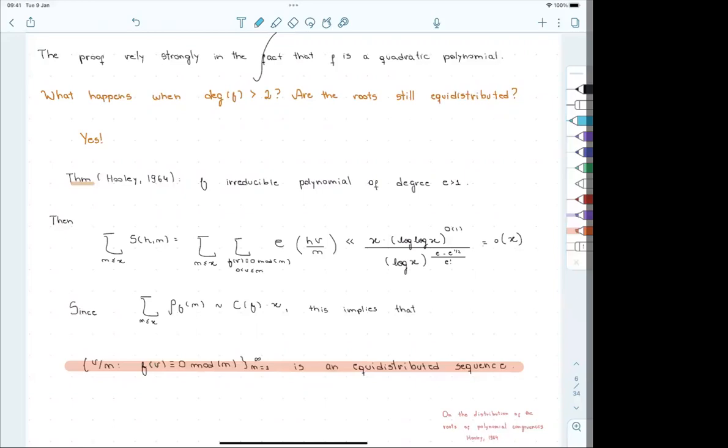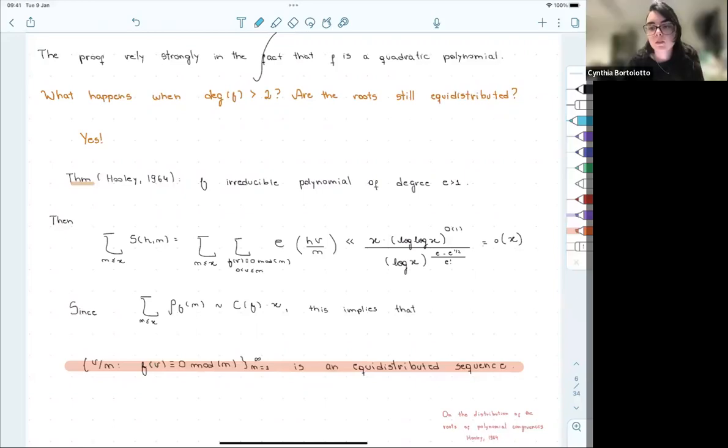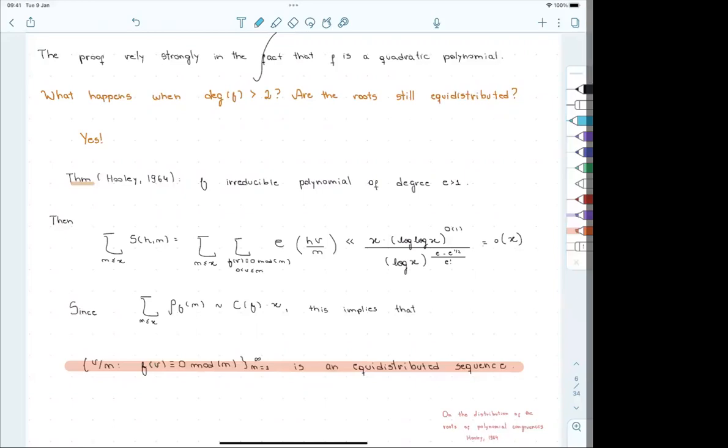I don't know. So the prime case, they base their proof on the theory of quadratic forms also.